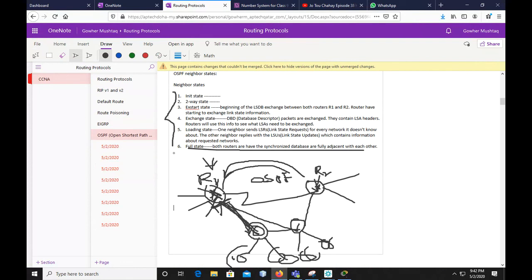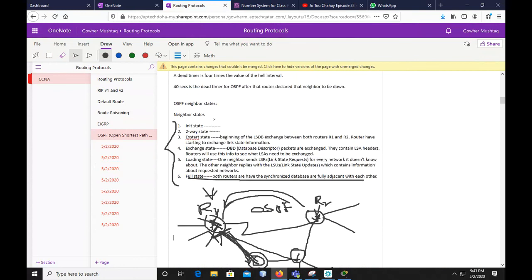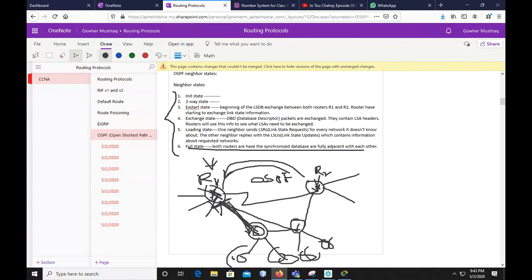So these are the 6 states of OSPF neighbors. Whenever you create an OSPF network, the routers go through 6 states.